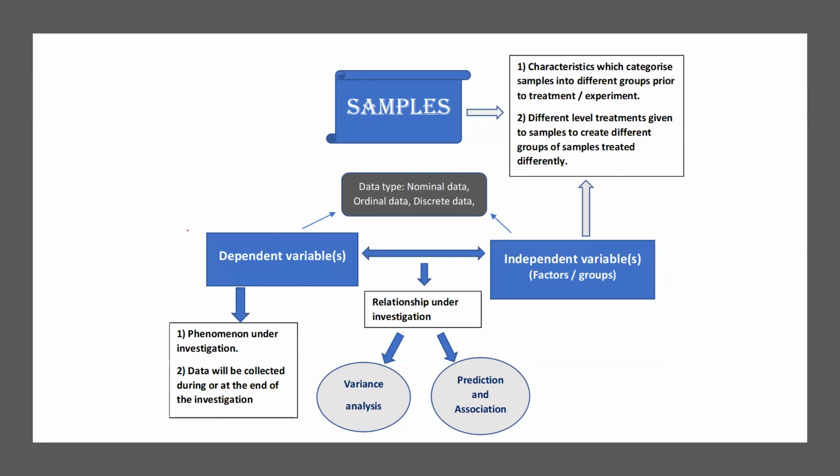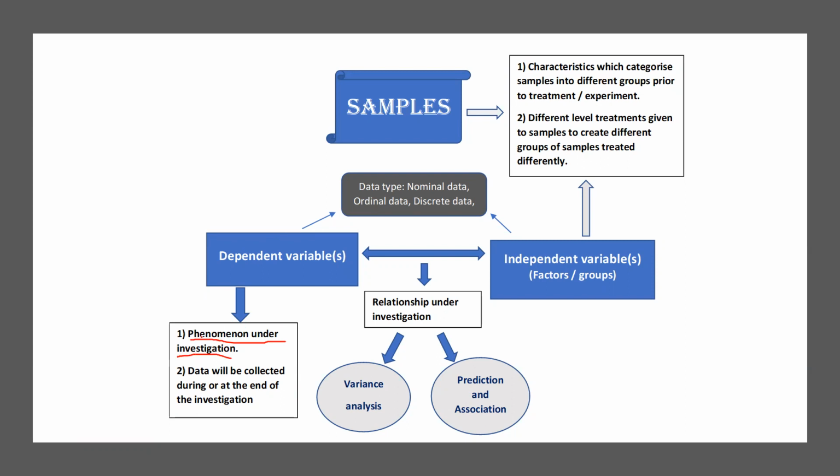dependent variable. The dependent variable is normally the subject that we are investigating. Not necessarily the subject, the phenomenon that we are investigating. So this is it, the phenomenon under investigation.